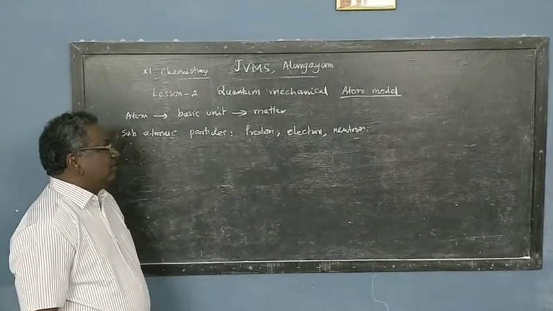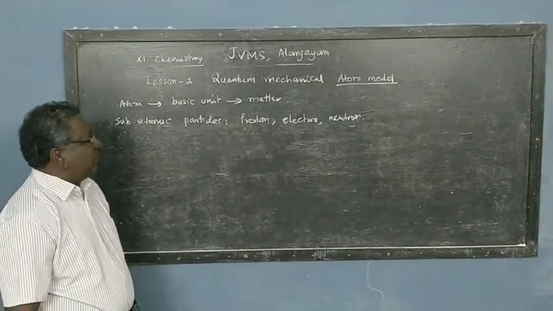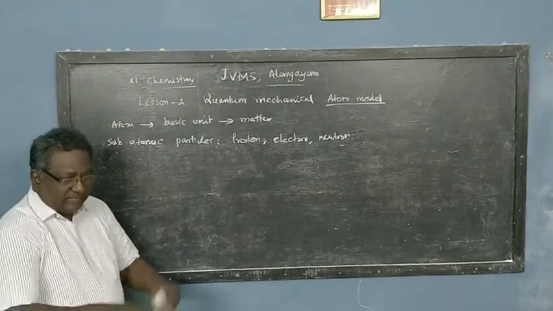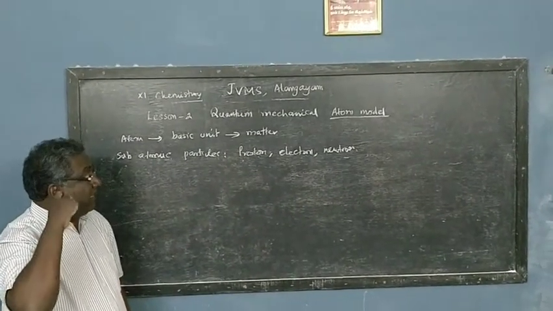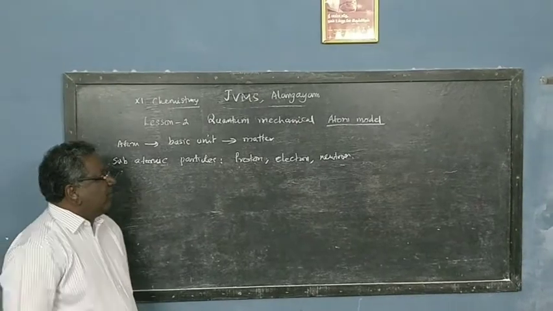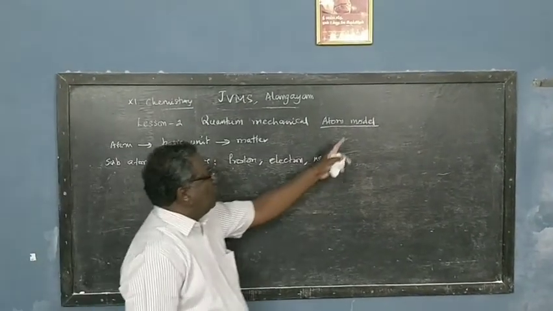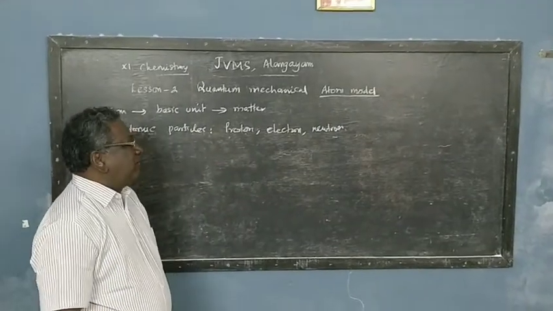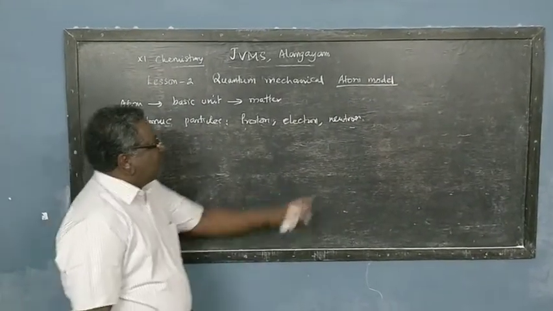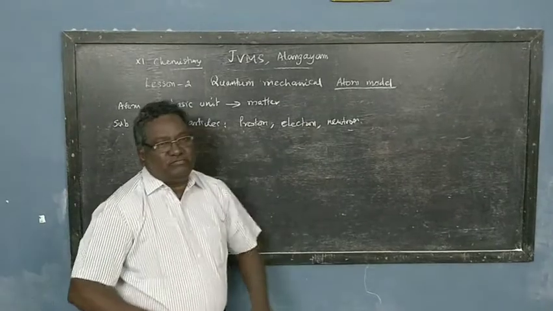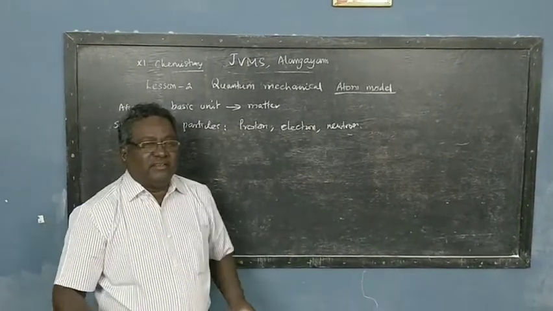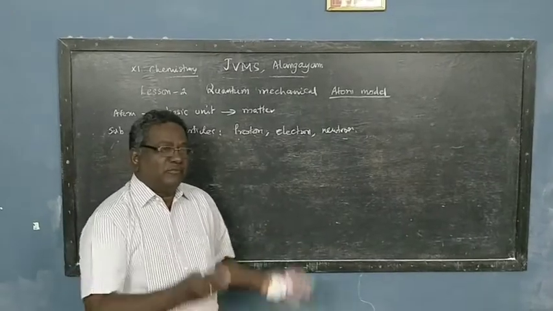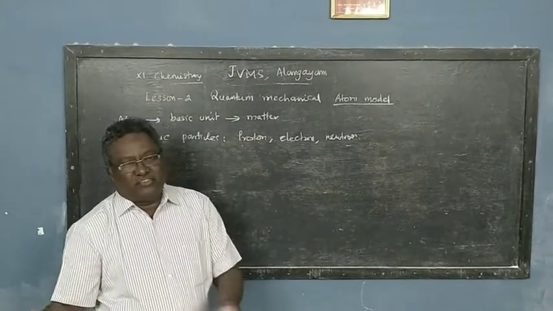So later on they have changed the concept. They said atom is divisible. We can divide atoms into smaller particles. Right? Now, when you say atom model, when you say the model of a school, that means there is a gate, and after that there is a principal office, staff room, classroom, lab, and restroom, like that.